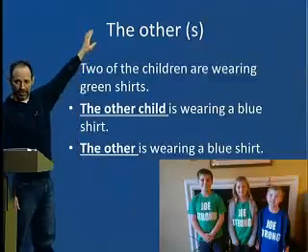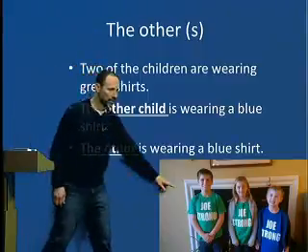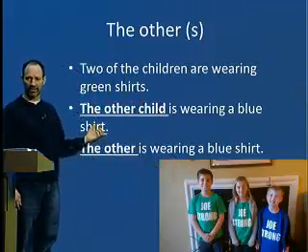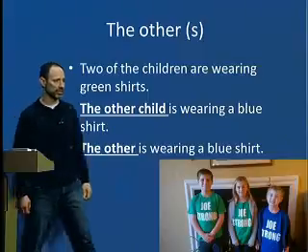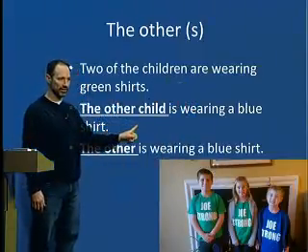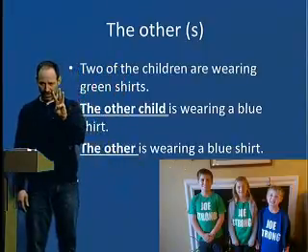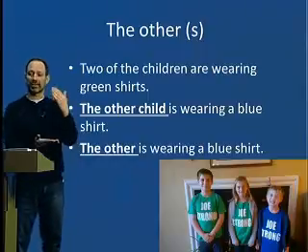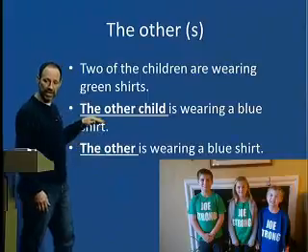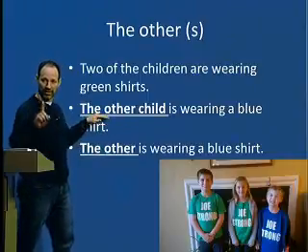So with the other, we have two of the children are wearing green shirts. 1, 2 green shirts. The other child is wearing a blue shirt. There's the blue shirt. I use the other child because in this group I have a total of 3. And when I'm talking about all that remains or the last of the group, then I would use the plus other. So here there's just one as the rest of the group.